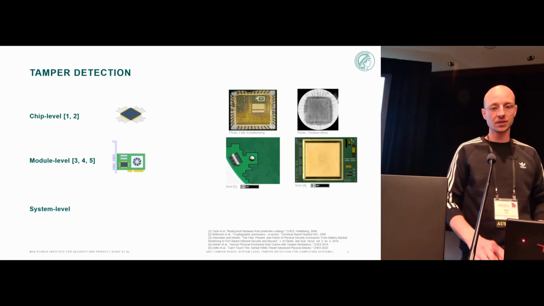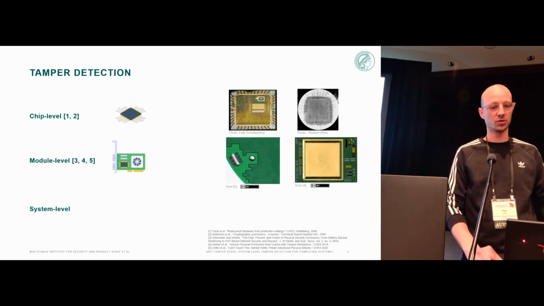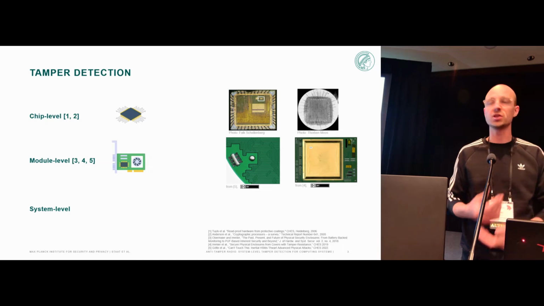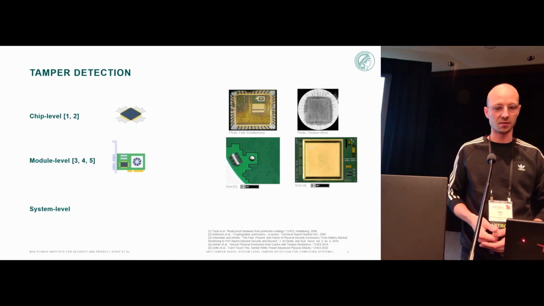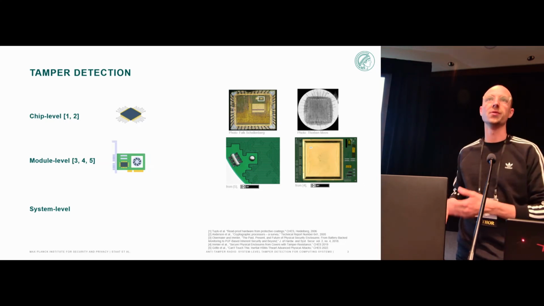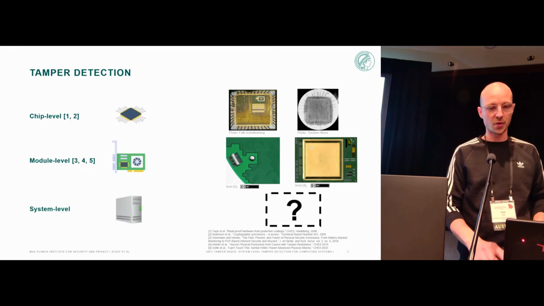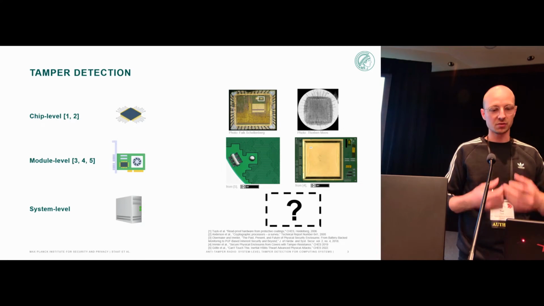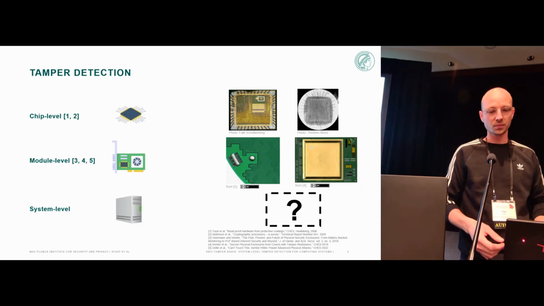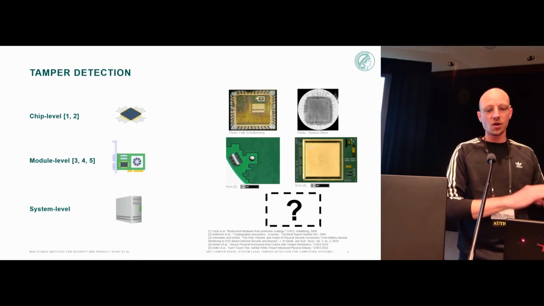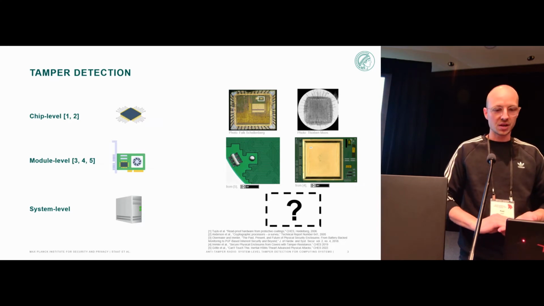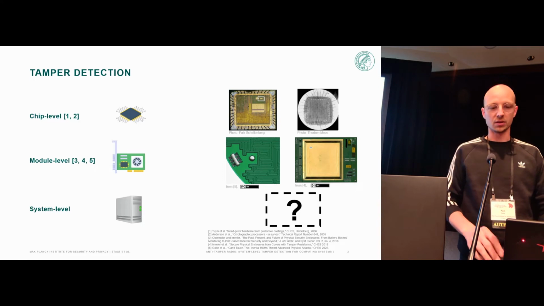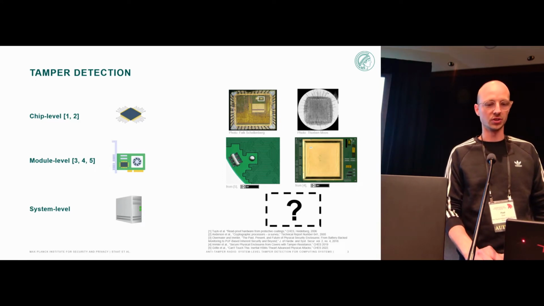For instance, hardware security modules are typically enclosed within an actively monitored security envelope, which forms a security boundary around the module. The third level is the system level, where several components work together. Unfortunately, on the system level, tamper detection is an unsolved problem. There are to date no high security solutions to this.